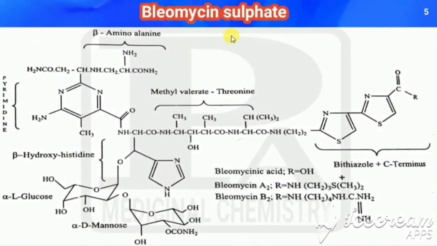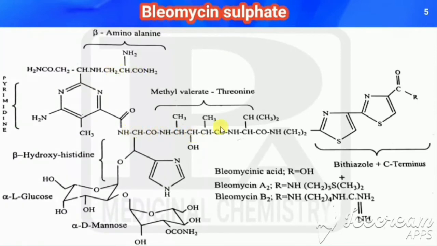Next drug is called bleomycin sulfate. This is the structure of the whole thing, that will be the structure of bleomycin sulfate. So, it is having a pyrimidine nucleus and that is having an amino group, a methyl group, and here that is having a ketone, and here we have a beta amino alanine group. And with the ketone, what is attached?